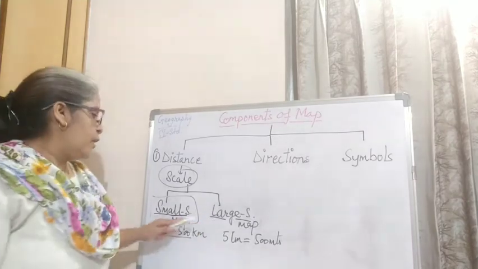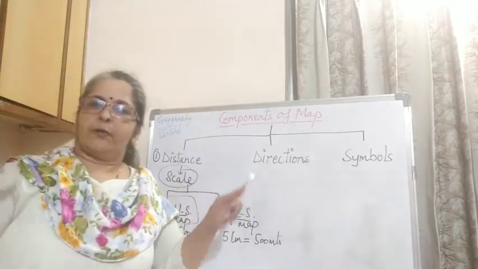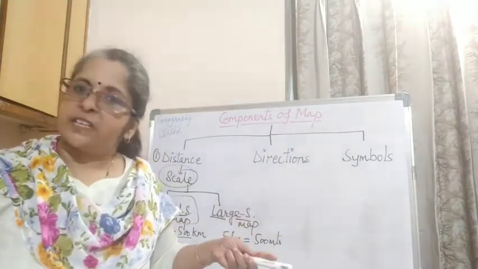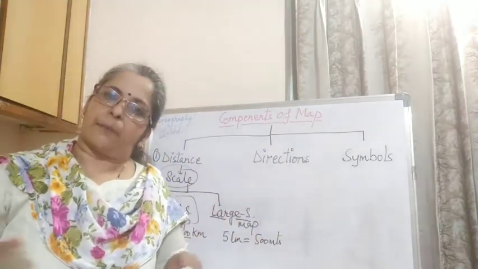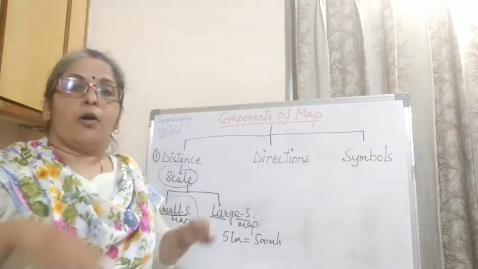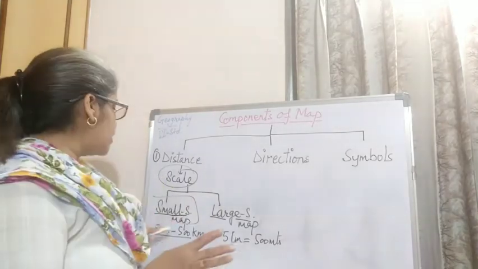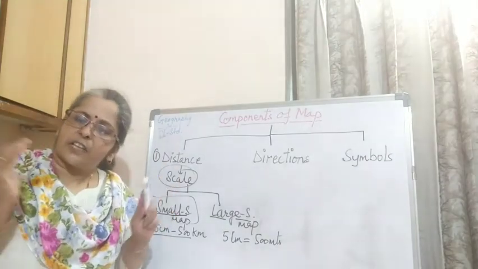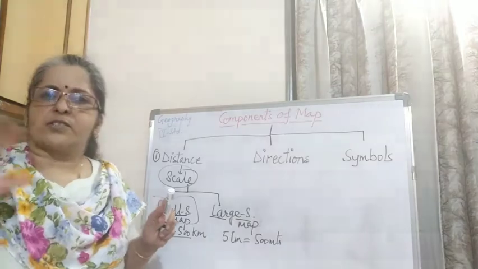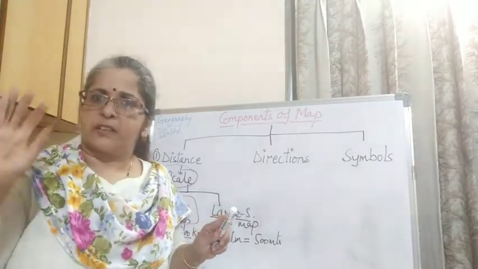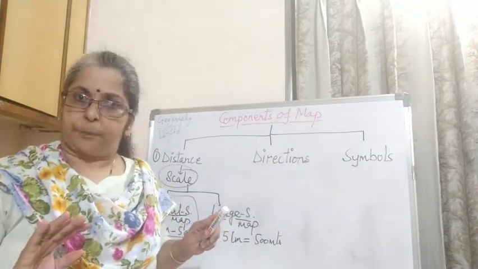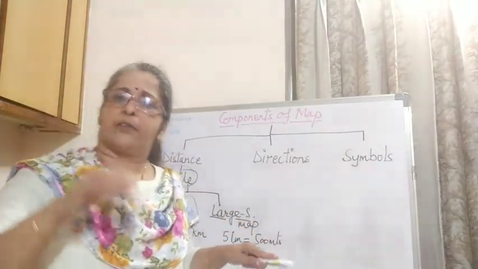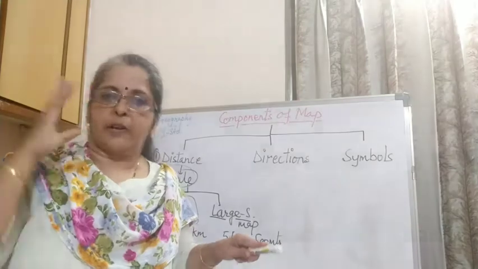Now suppose you have a world map. Our country is in which continent? Asia. Suppose we have a map of the continent Asia. On Asia's map, when we show the distance, we show only the countries, all the countries of Asia. But suppose we want to study about our Anand city or about our Gujarat.